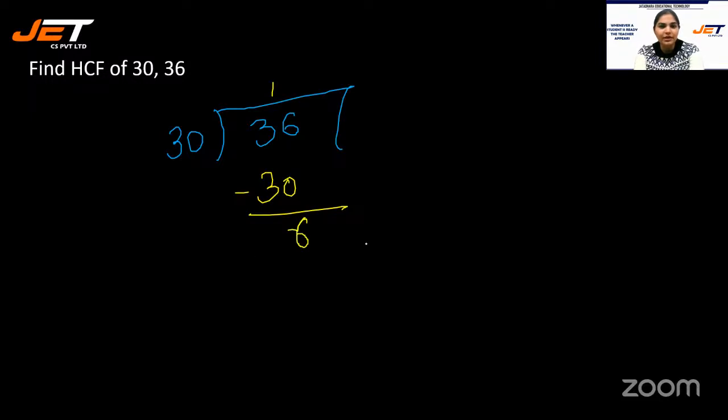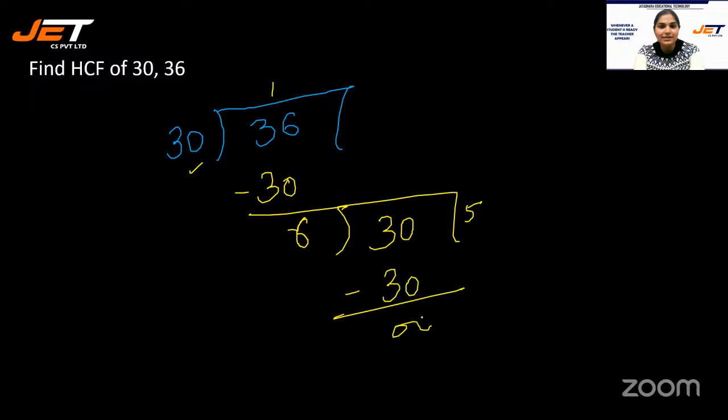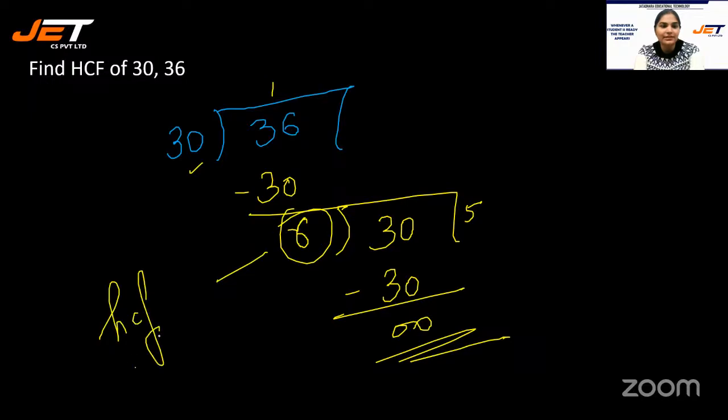Remainder is 6. Now this 6 will become the divisor, and this divisor will become the dividend. 6 times 5 is 30. Subtract, 0. That means the HCF of 30 and 36 is 6. The highest common factor of 30 and 36 is 6.